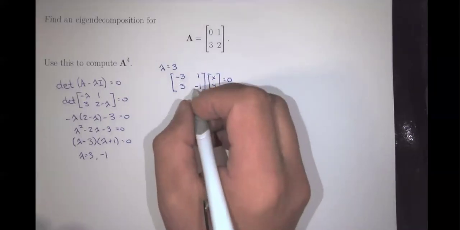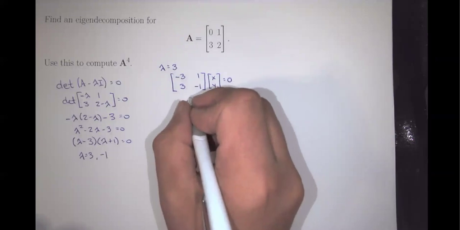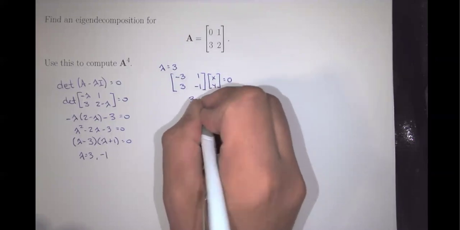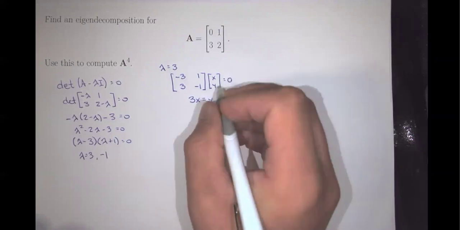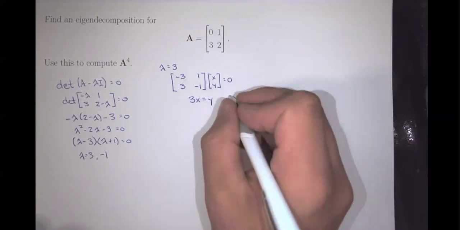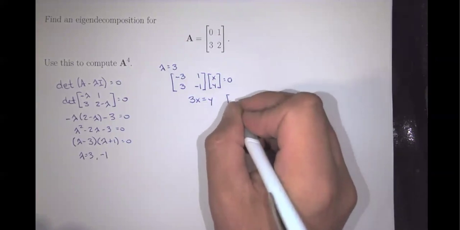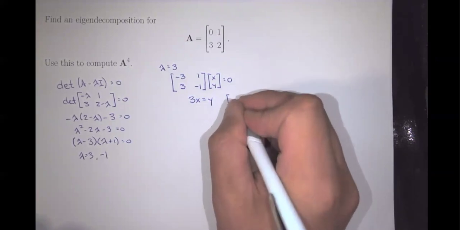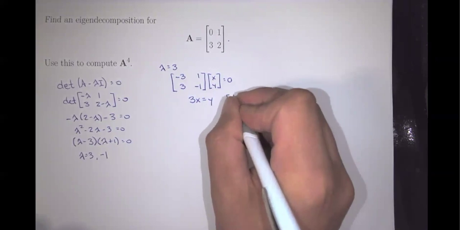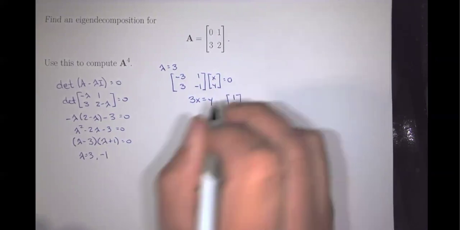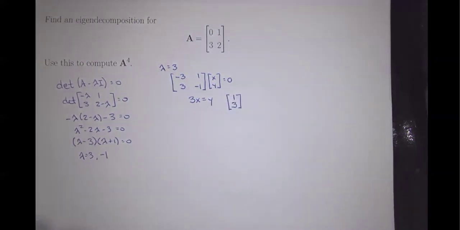And so here we've got 3x equals y, which gives us the vector y equals 3, x equals 1. So that's our first eigenvector. If we want to normalize it, we can do that.